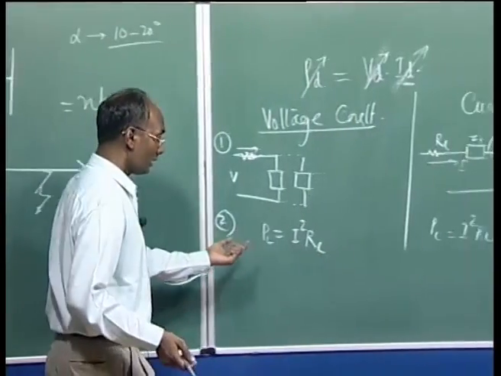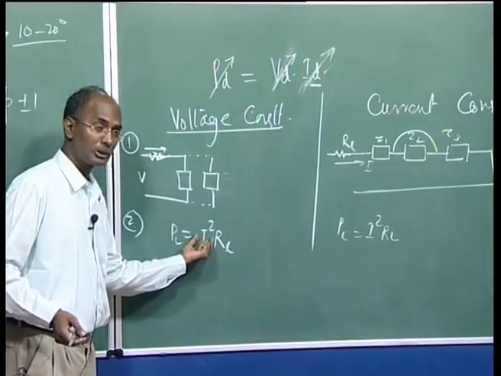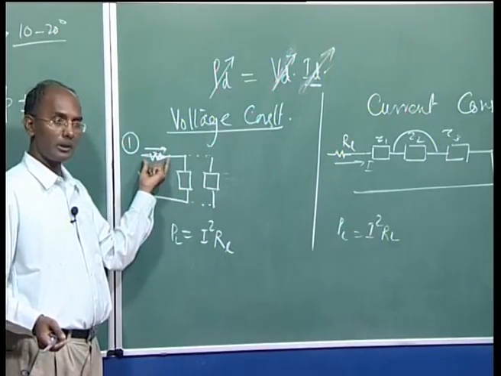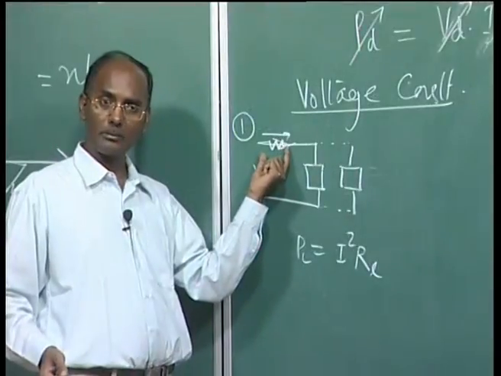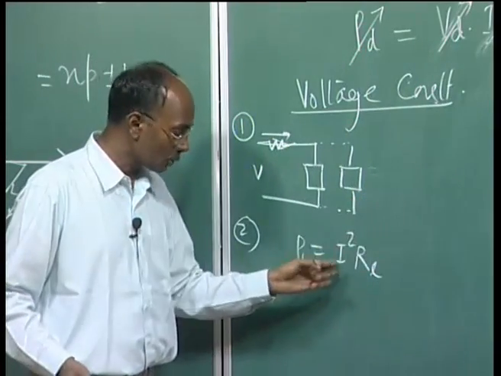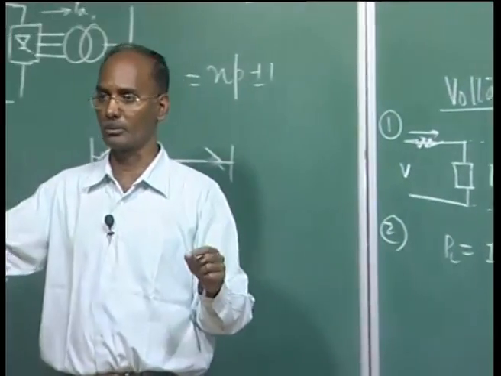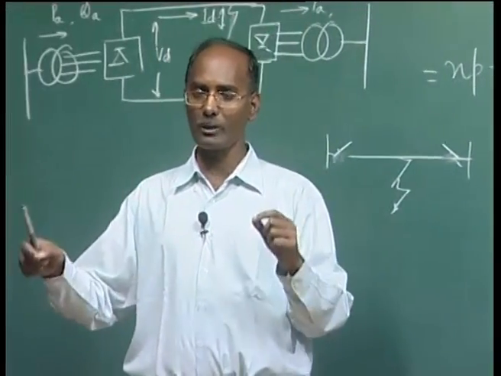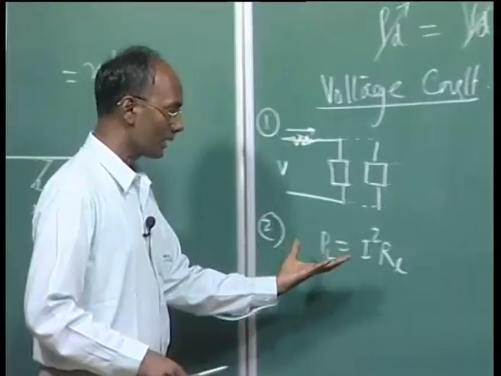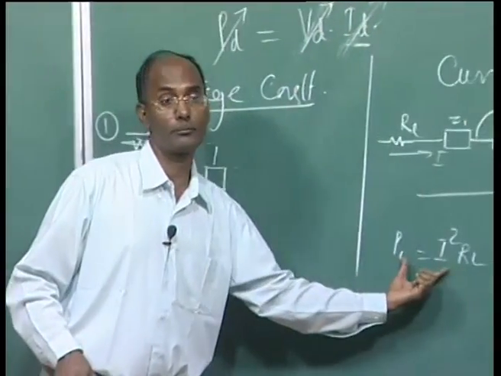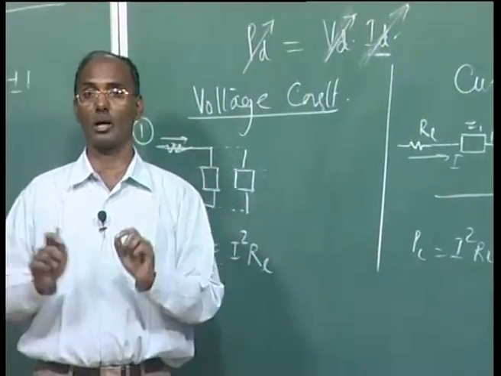Here the current keeps on changing depending upon the loads. If one load is there, current will be less. If you are using another load, current is further increased, and so on. So this I keeps on changing from the minimum load to the maximum load. So the real power loss here is less compared to here, which is fixed and constant throughout the operation.